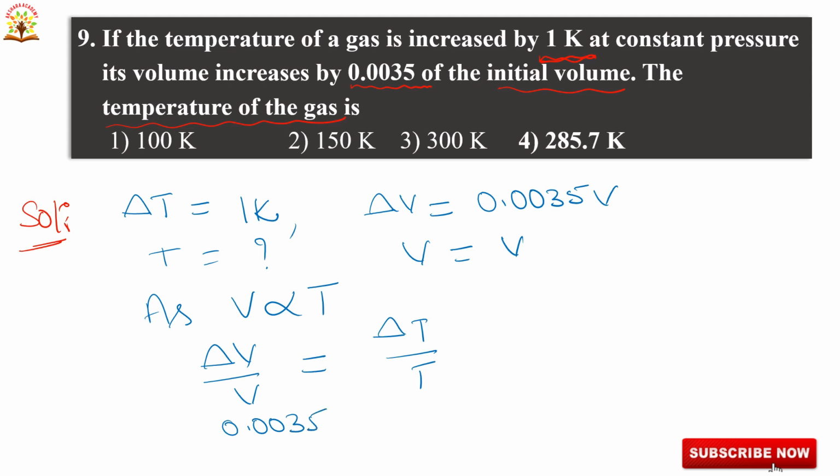0.0035 by V, that is equal to delta T, they gave as 1, and T we have to calculate. Here V gets cancelled. Now taking cross multiplication, T is equal to 1 by 0.0035.